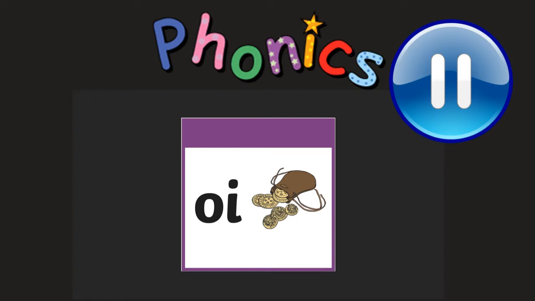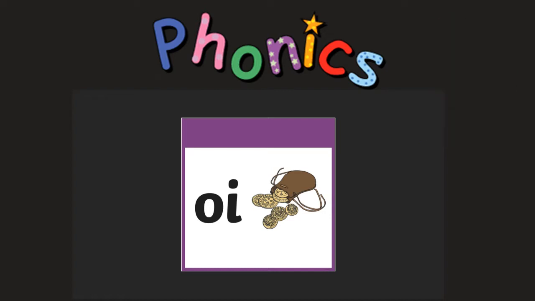Okay, welcome back. What words did you write? Shout them out at me. Oh yes, I can hear that one. Coin, coin. Let me have a go. K, oi, coin. Brilliant. Shout some more. Oh yes, I've got it. That stuff outside in the garden. Soil. Here I go.